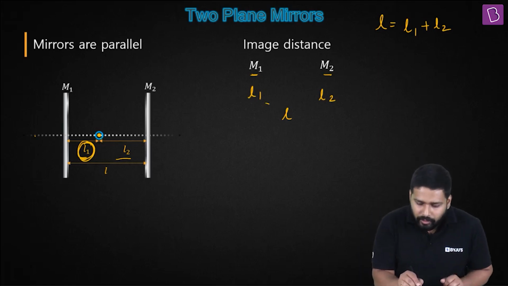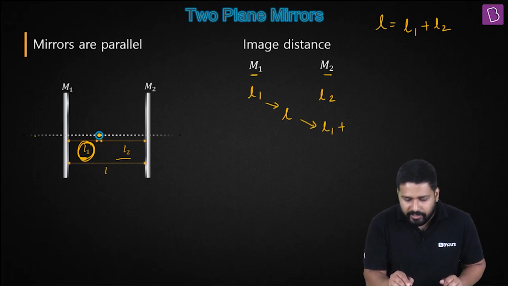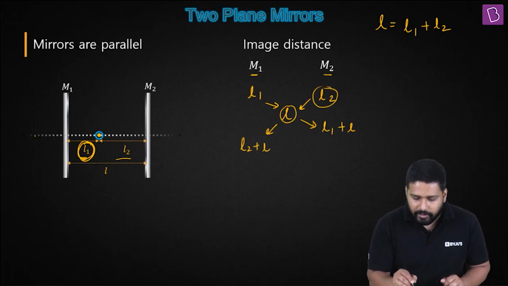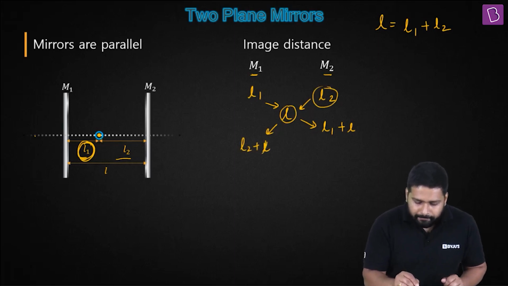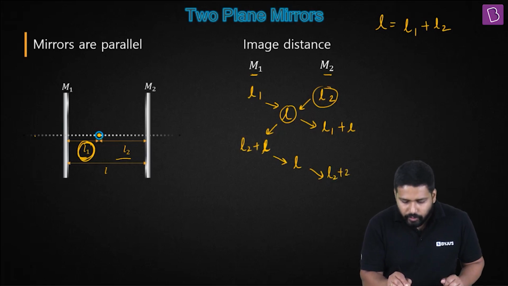Now, you see, the next image in mirror number 1 will be L1 plus L. The next image in mirror number 2 is going to be L2 plus L. Then again write down L. The next image in M2 is going to be L2 plus 2L.